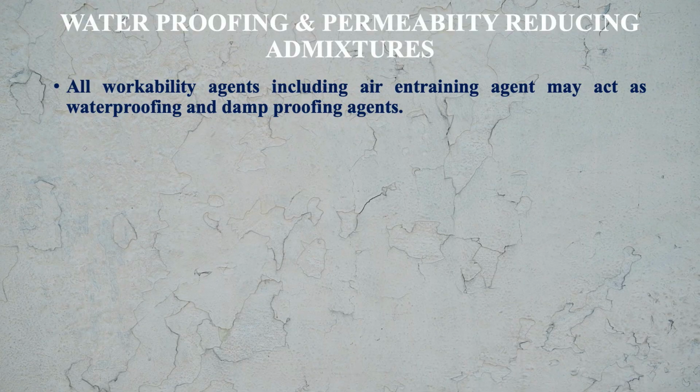All workability agents including air entraining agents may act as waterproofing and damp proofing agents. So here we see that all the agents which we were using for increasing the workability will work very well for waterproofing purpose and damp proofing purpose also.